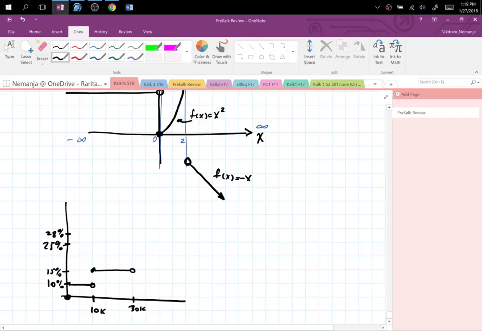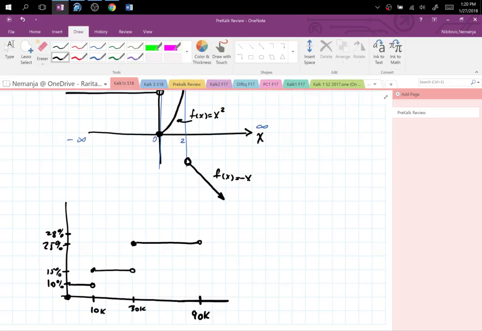And then 30K to, let's say, 90K. I don't know what the numbers are. You pay 25% tax. Over 90K you pay 28, and then you have, I think, 33, 35, whatever the next tax brackets are. So it's a step function.